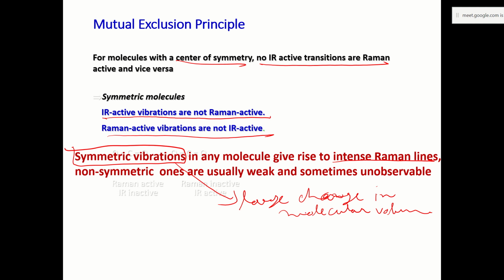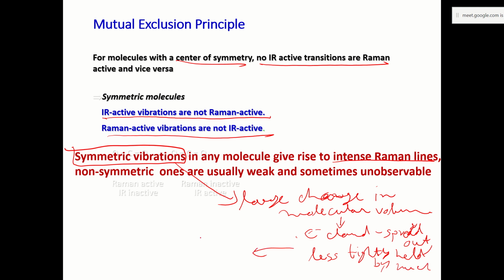तो ऐसे केस में इलेक्ट्रॉन्स आर मोर स्प्रेड आउट. इलेक्ट्रॉन क्लाउड इज स्प्रेड आउट. ये थोड़ा फैल जाता है. इलेक्ट्रॉन क्लाउड इज मोर स्प्रेड आउट, less tightly held by nucleus, easy to distort.